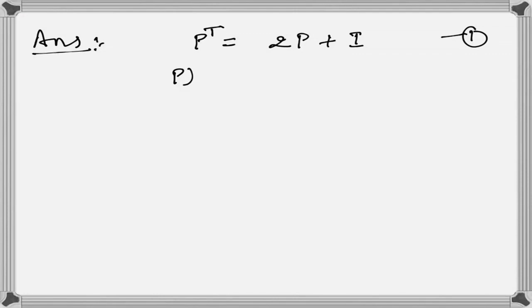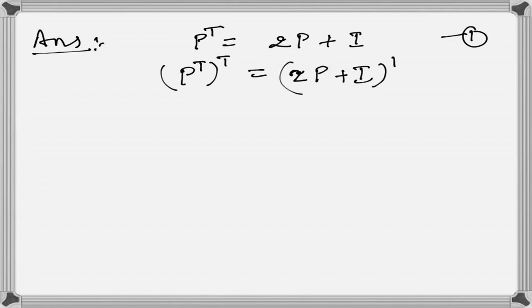That means P transpose of transpose is equals to 2P plus I transpose, and this is nothing but P is equals to 2P transpose plus I transpose, which is I itself. Let's call this equation 2.